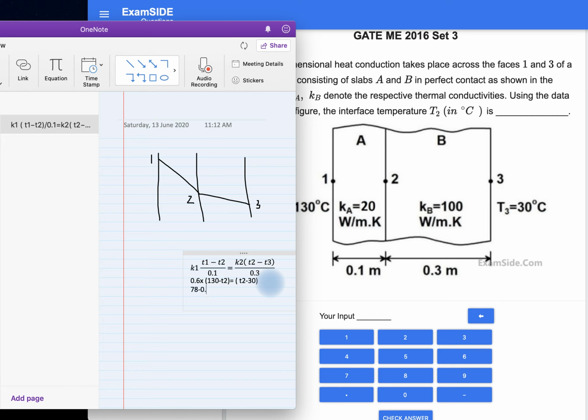Minus 0.6 T2 is equal to T2 minus 30. So 78 plus 30, 108, is equal to 1.6 T2. So 108 divided by 1.6 is 67.5.